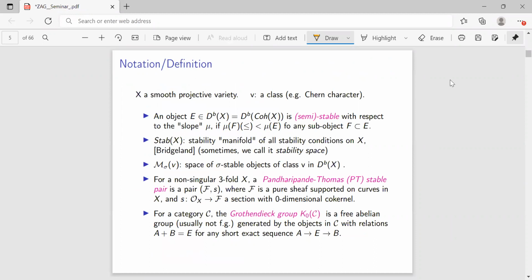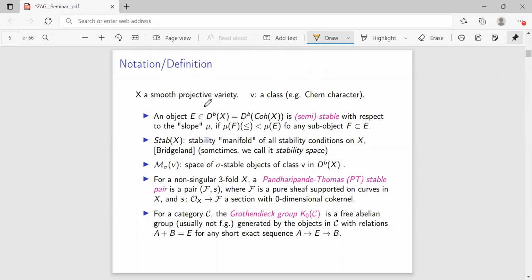Then we have some definitions that I need for stating the second goal. I will define these things more precisely later, but just for now, let X be a smooth projective variety and v a class, for example a Chern character.